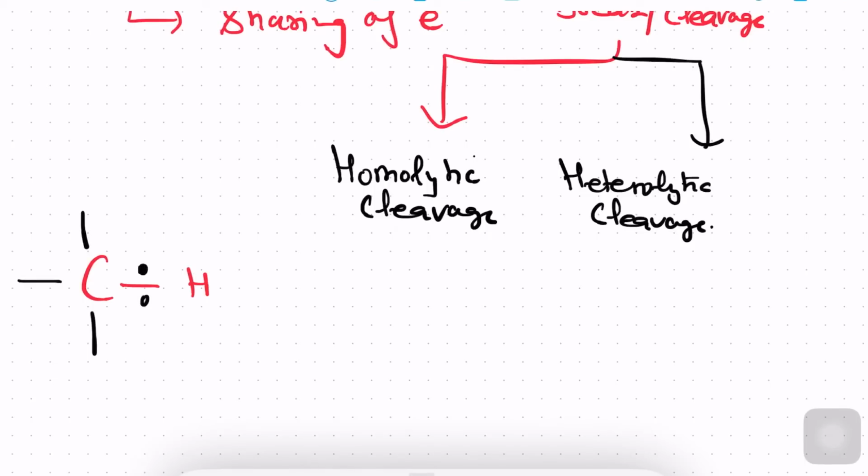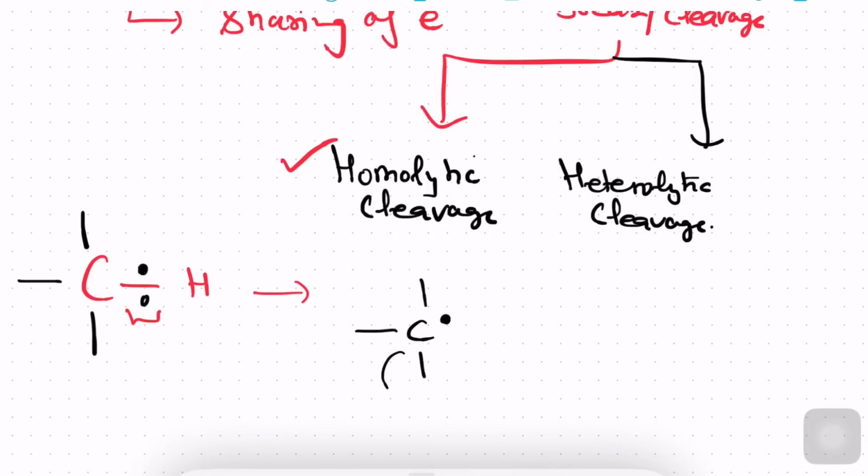Now if the situation is homolytic cleavage, this shared pair of electron will be equally distributed among carbon and hydrogen. So here you are going to see formation of this one.